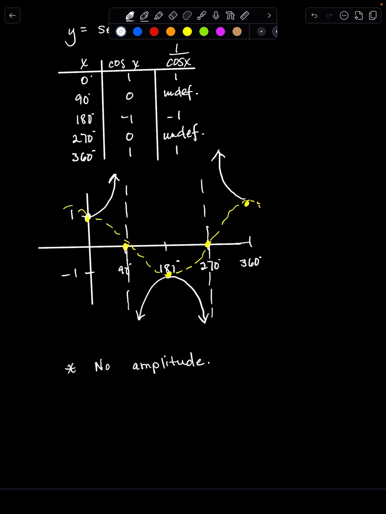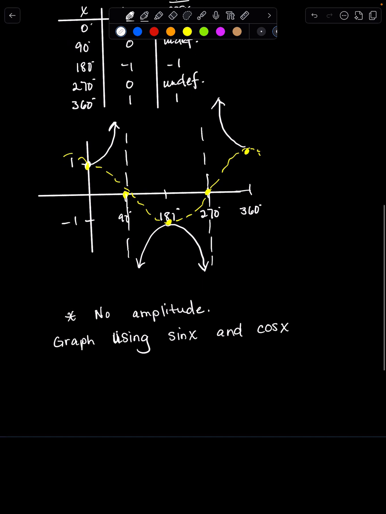And our strategy here is we're going to graph using the sine function and the cosine function. Alright, and then we're going to draw our asymptotes where our zeros are.